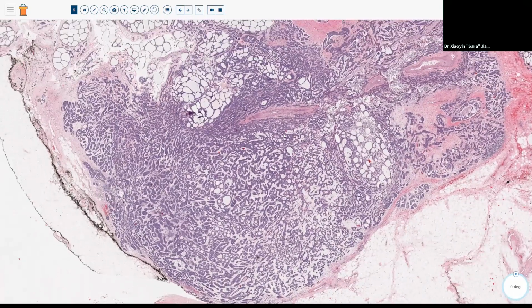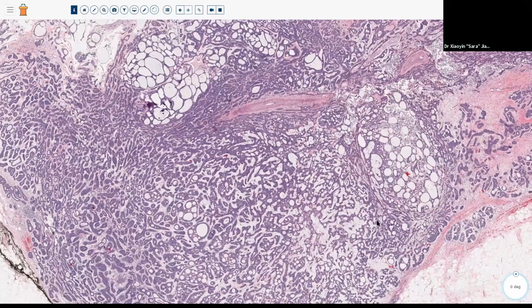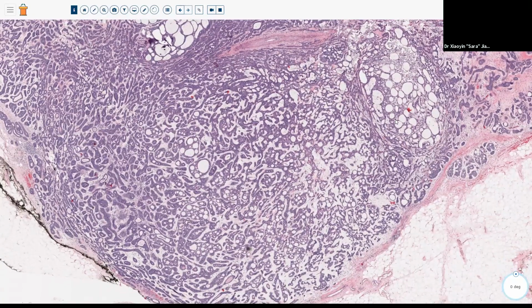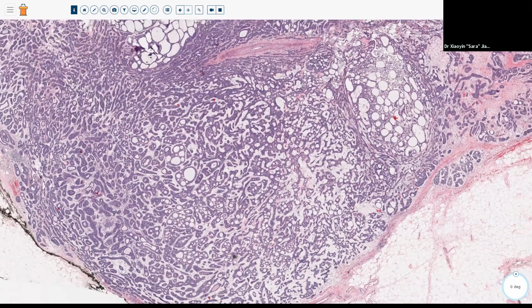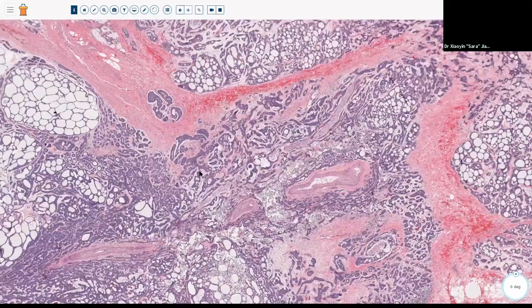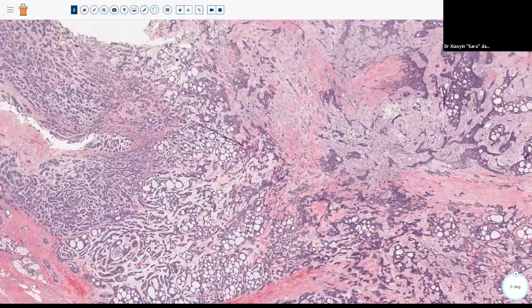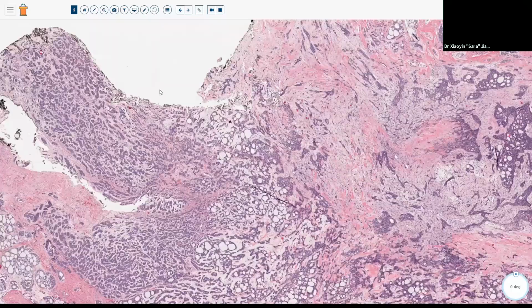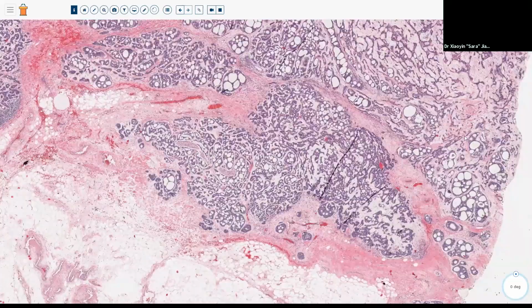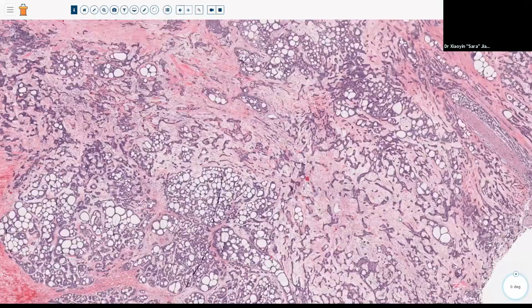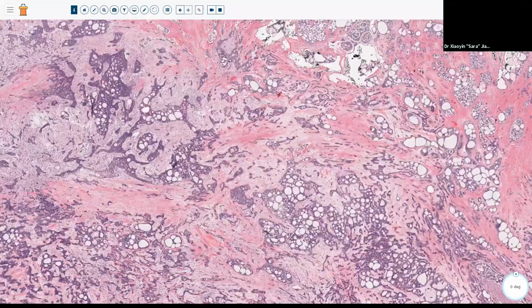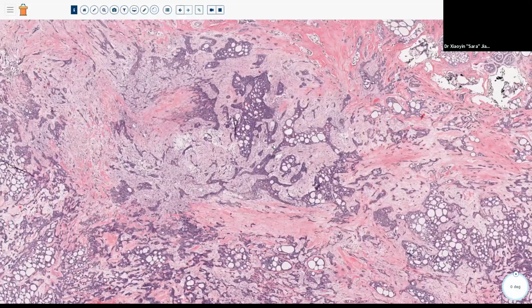So from kind of a low medium power, this tumor has a bunch of different patterns. So we've got some of these funny looking punched out areas. We've got some areas that look a little more tubular, and maybe here a little tubular as well. And as we go through, we're just noticing a lot of these kind of funny punched out, almost cribriform areas.